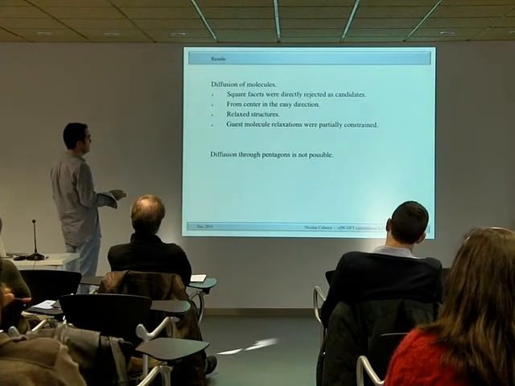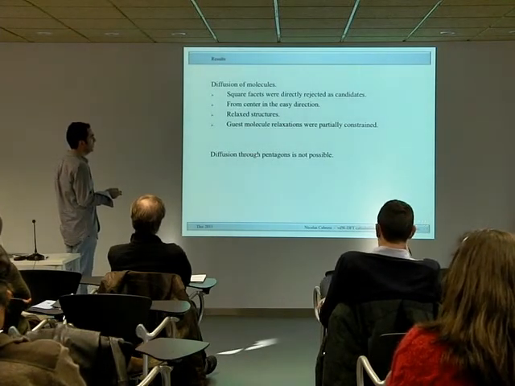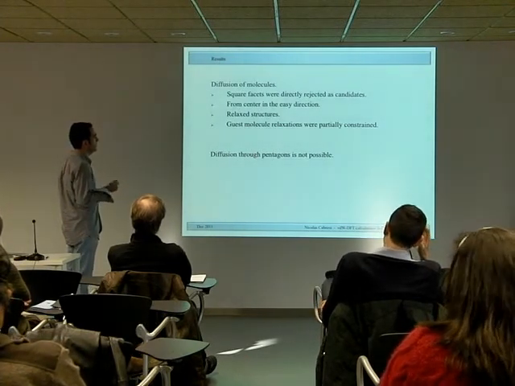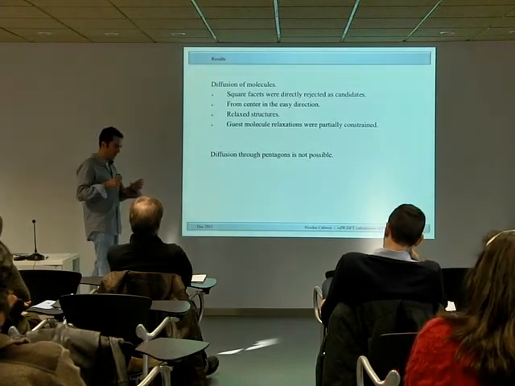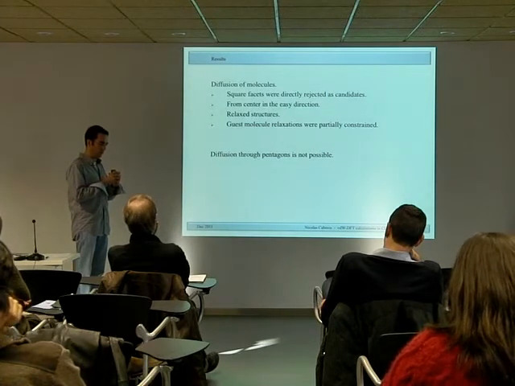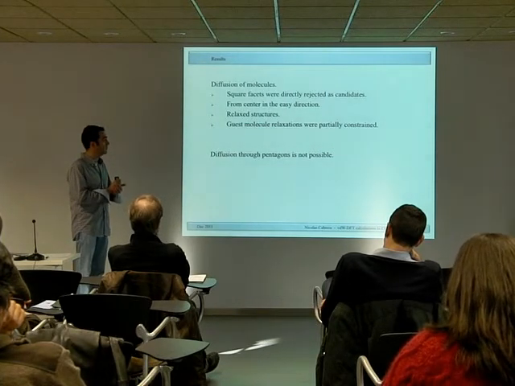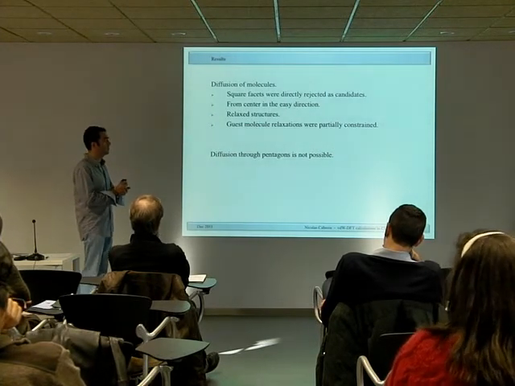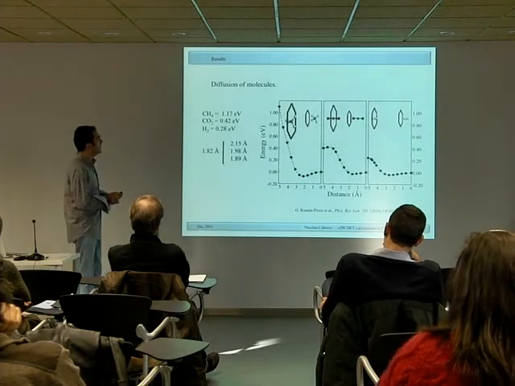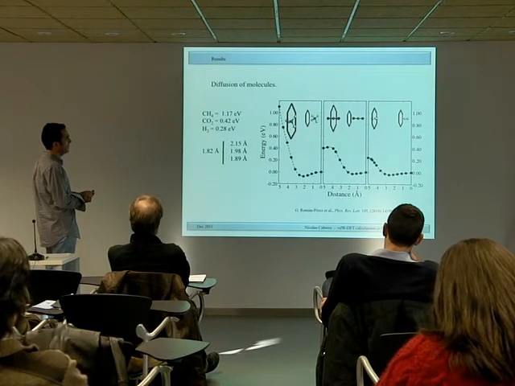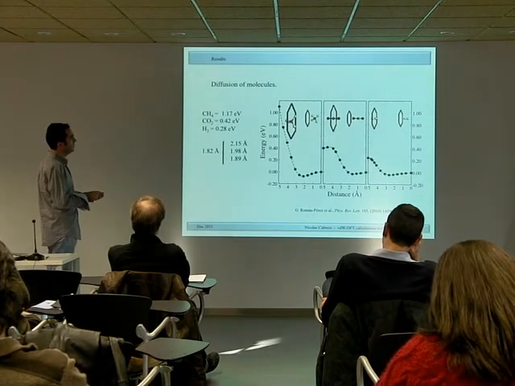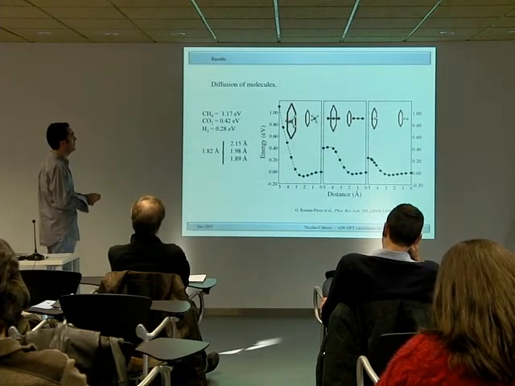So we saw that the molecules cannot diffuse through pentagonal faces, because when you put the molecule very close to the structure, the Coulomb repulsion breaks the H bonds. On the other hand, here I show the energy barriers for diffusion through hexagonal faces.